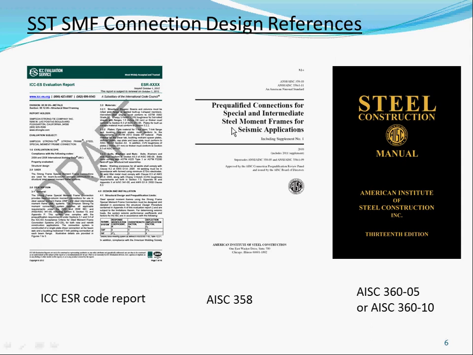In here, for us, we also reference back to the 360-05. Most other people would reference the 341-05, and the reason is, remember, I keep telling you the flange thickness ratio, the B over T ratio, needs to meet 341-05 or 341-10.